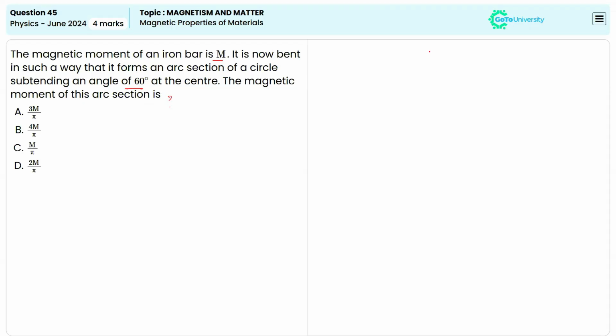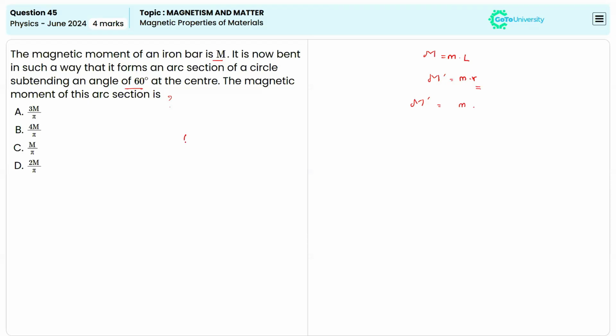It's known that the magnetic moment will be equal to m times L, right? So here the new magnetic moment will be equal to m times r, because they are bending it as an arc, so it will be r. So we can write M dash equals m times the value of r we need, right? But we don't have an r value.